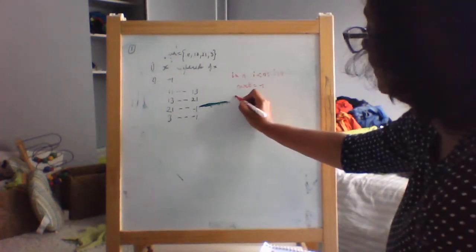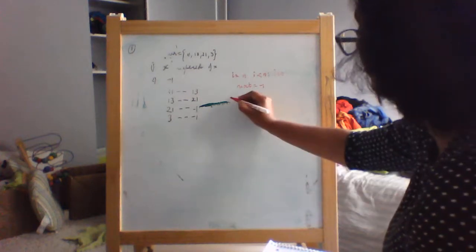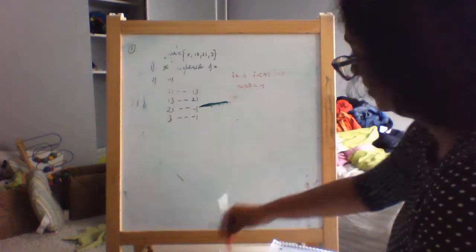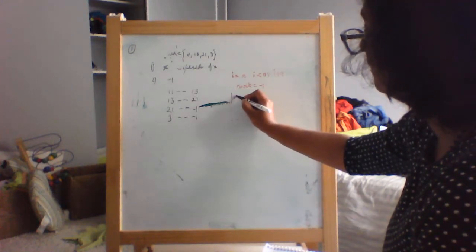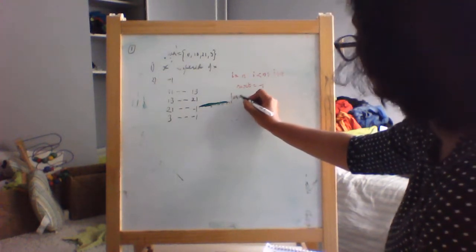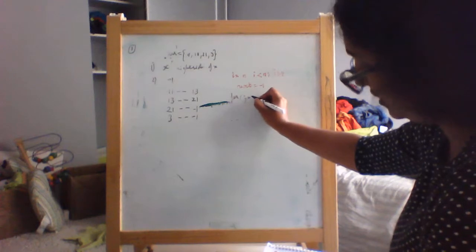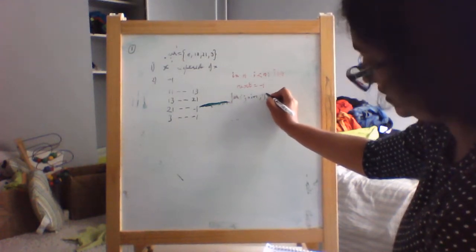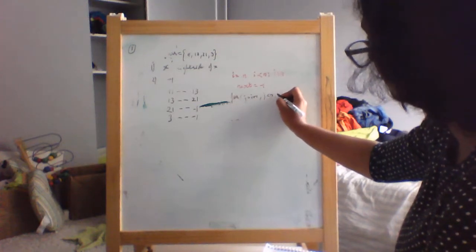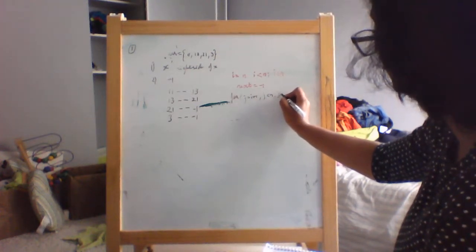Now for another element, j is equal to i plus 1 and j is less than n, j plus plus.